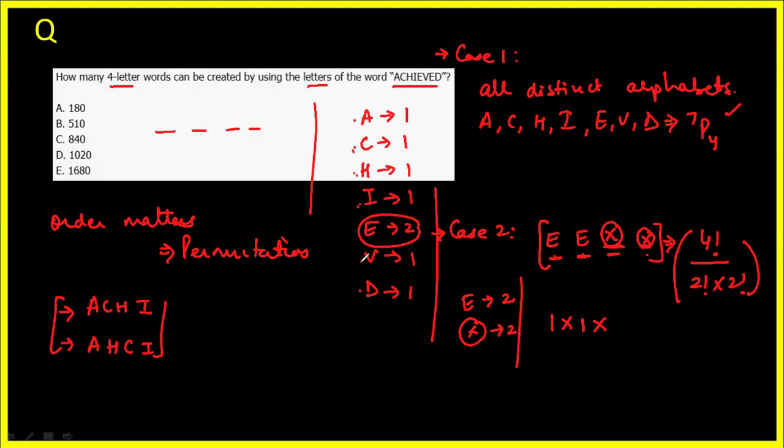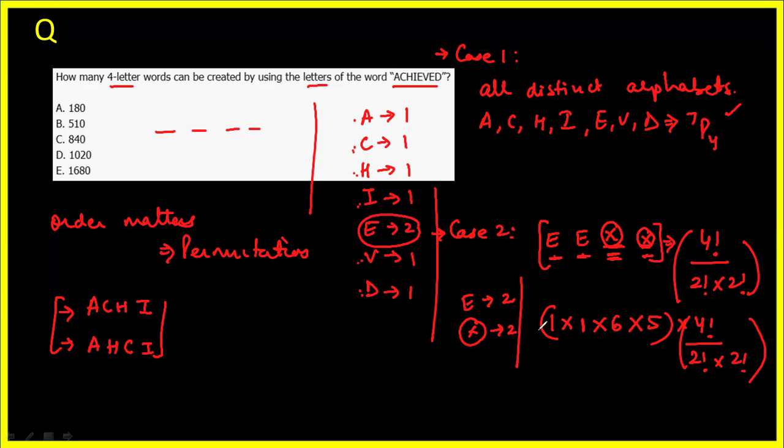Now you have already used one alphabet, so for the next slot you will be left with 5 choices. Multiply this with the number of ways in which they can rearrange, that is 4 factorial upon 2 factorial. So this will be the total number of ways in which 2 E's are coming.